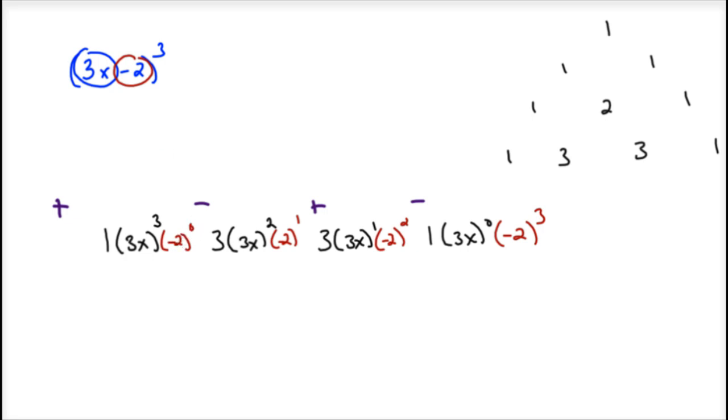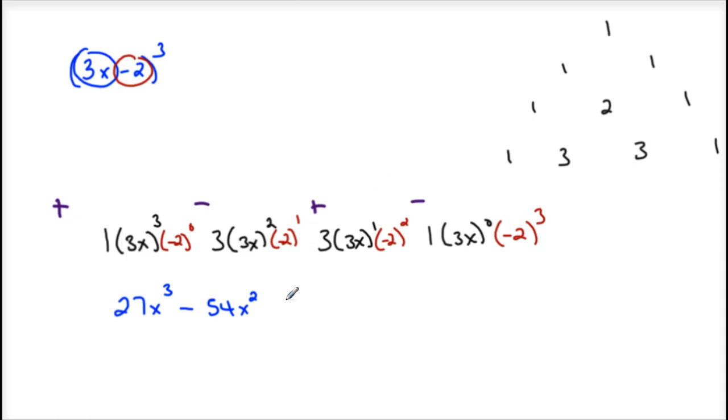So my first term, I got 3x cubed. 3 cubed is 27. x cubed. I have 3x squared. 3 squared is 9. 9 times 3 is 27. 27 times negative 2 is negative 54x squared. Okay, so your negative sign is coming from your negative 2 to the first power.